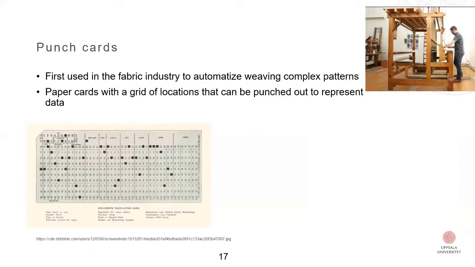Here you see what a punch card for the tabulating machine looks like. For example, it has some dots for marital status, some dots for age, and so on. Imagine the marital status: if someone is married, then the corresponding place for the married status would be punched out.